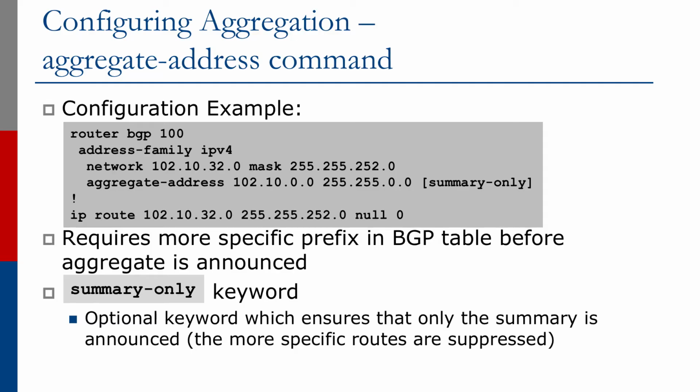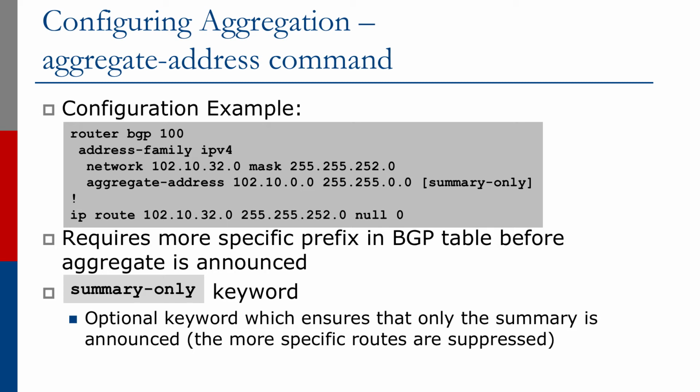One thing it does do, as we'll see a bit later on, is the aggregate-address command sets this aggregator attribute. It lets you know which router in the autonomous system generated the aggregate. But these days, given network operators are generating aggregates in many, many parts across this backbone, I have not really found much use for the aggregator attribute itself.